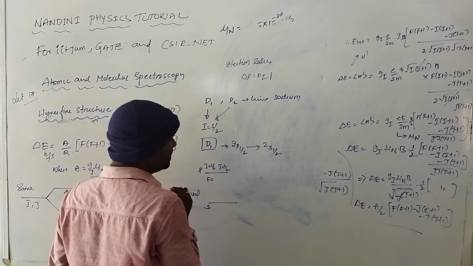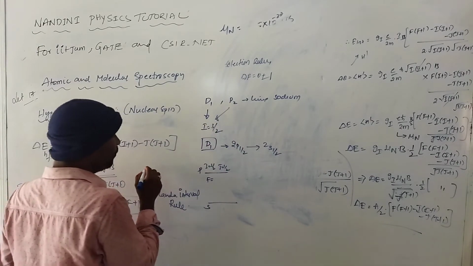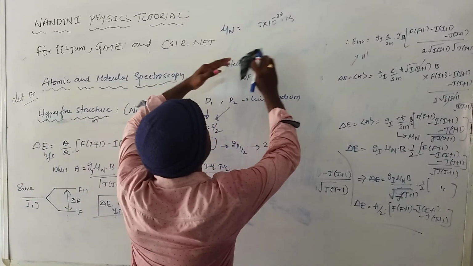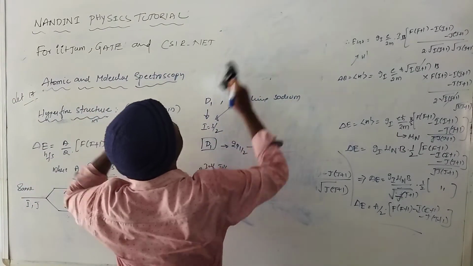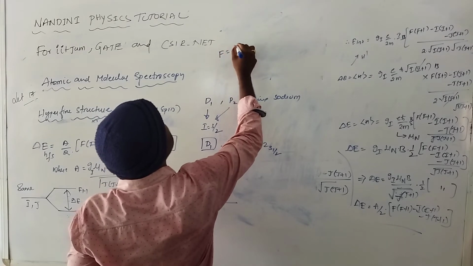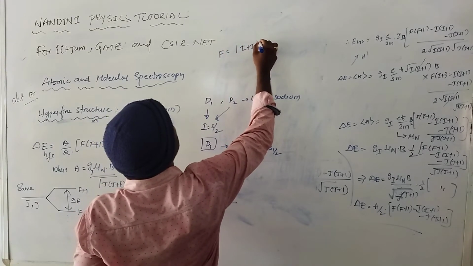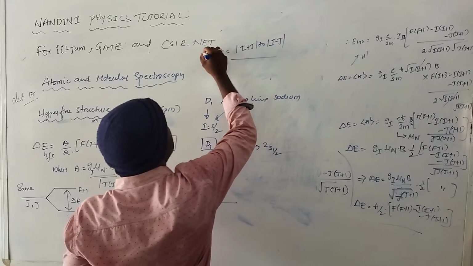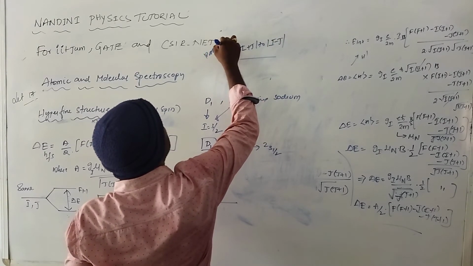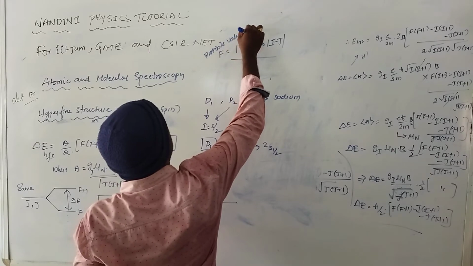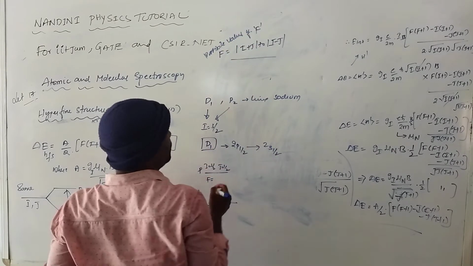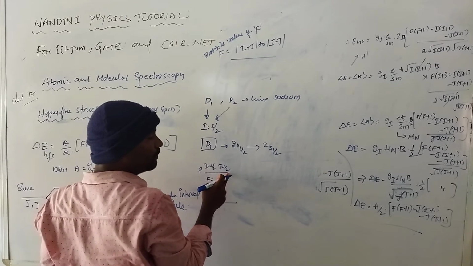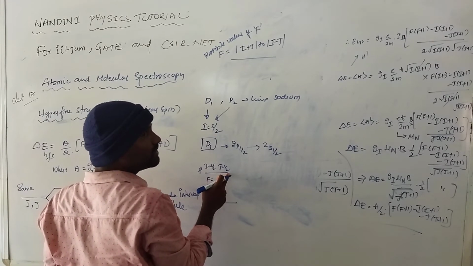The possible values of the hyperfine quantum number capital F are I plus J to mod I minus J. These are the possible values of F. Using this equation, 3 by 2 plus 1 by 2 is 4 by 2, which means 2 only.